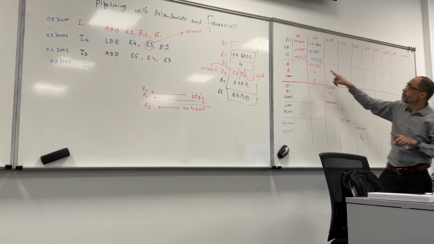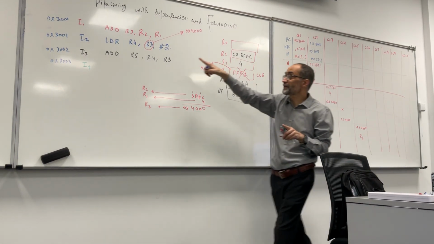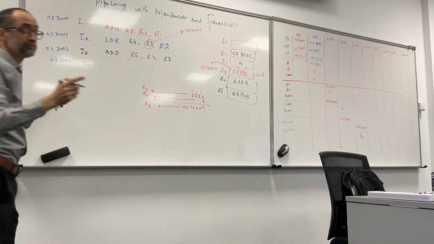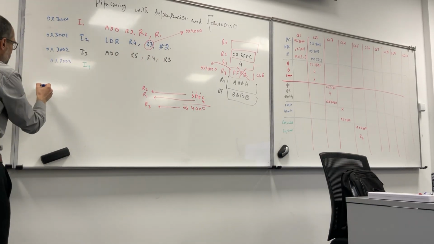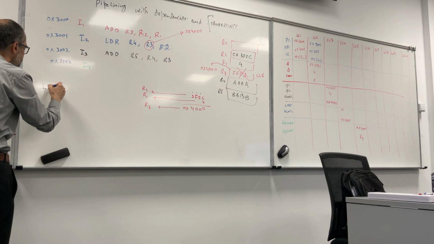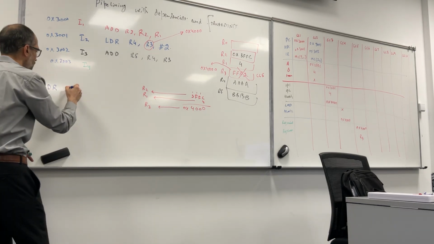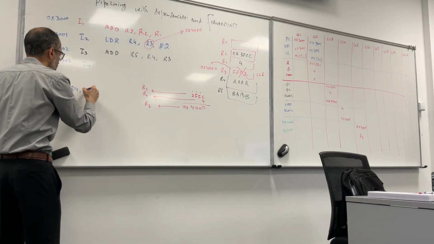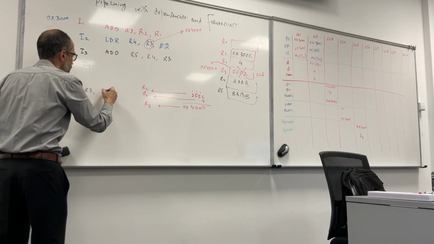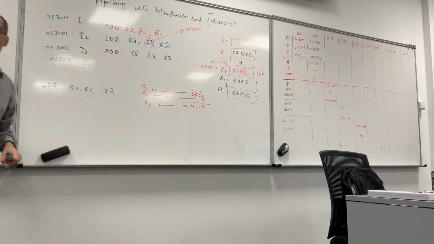Now please remember for this LDR instruction, I'm separating it. We have LDR R4, R3, hash 2.